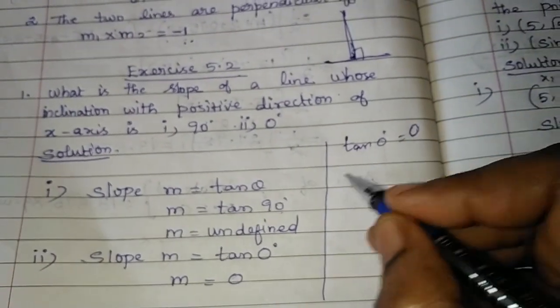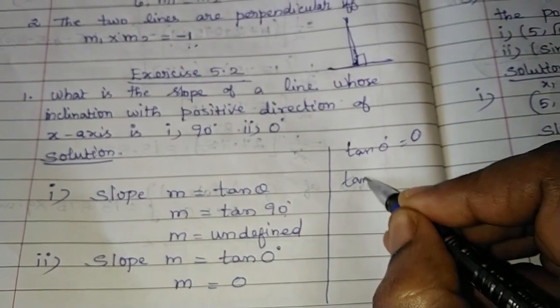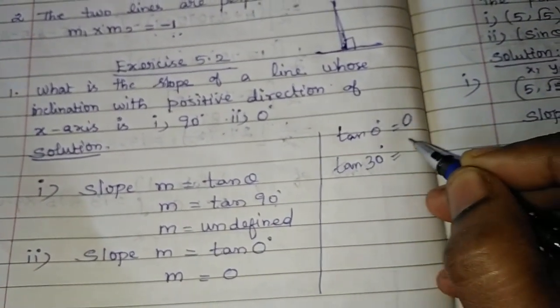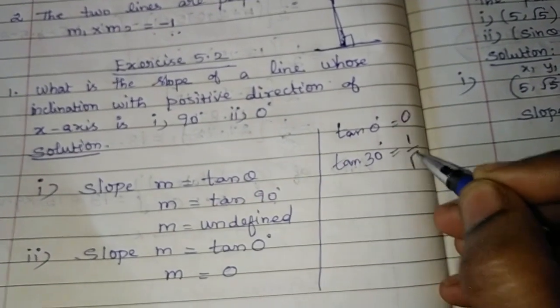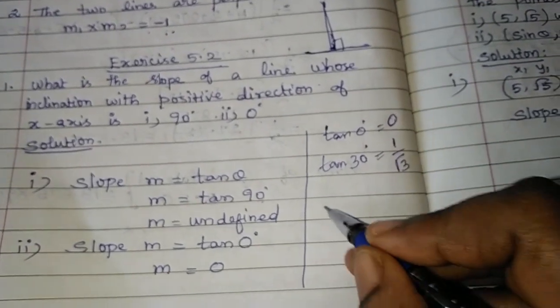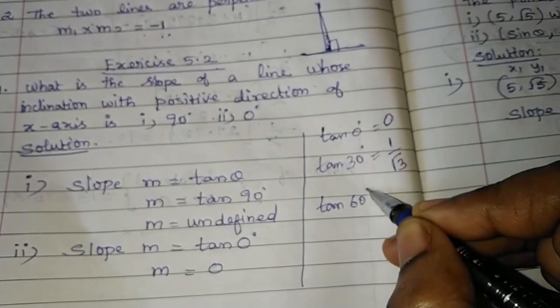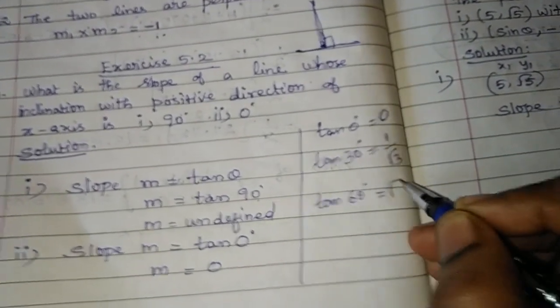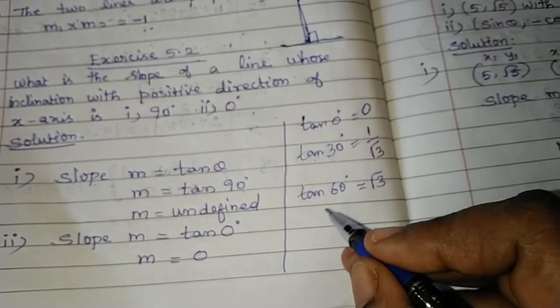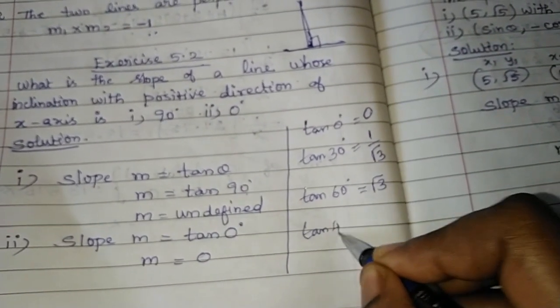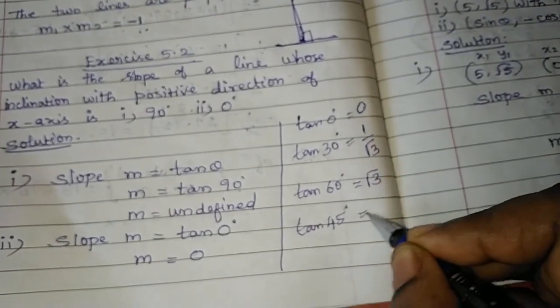You know, tan 30 degree equal to 1 by root 3. Tan 60 degree equal to root 3. Tan 45 degree equal to 1.